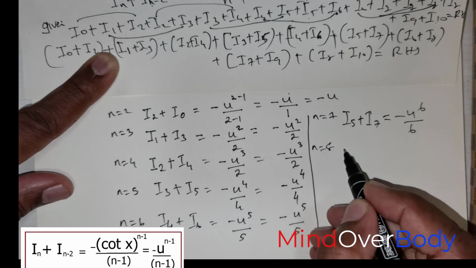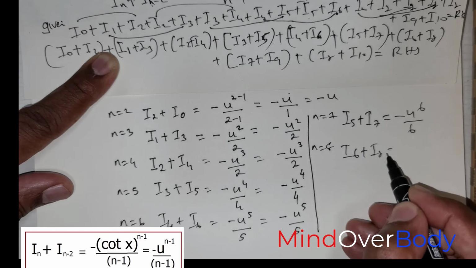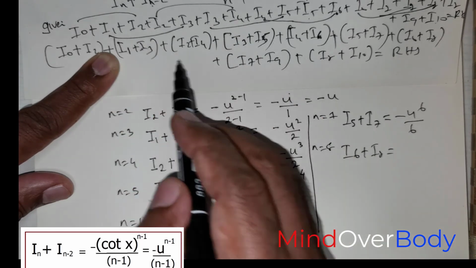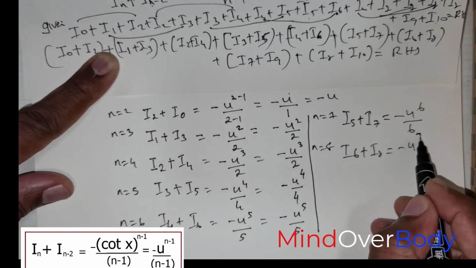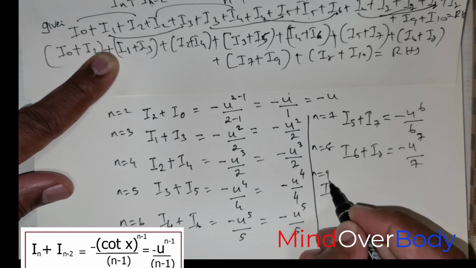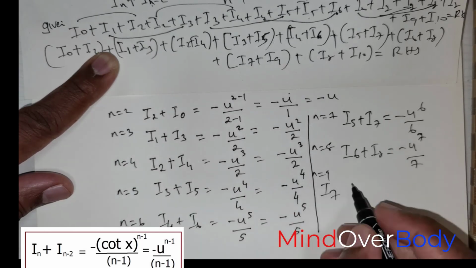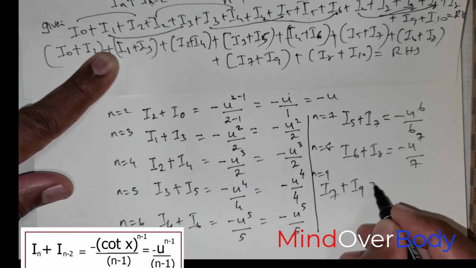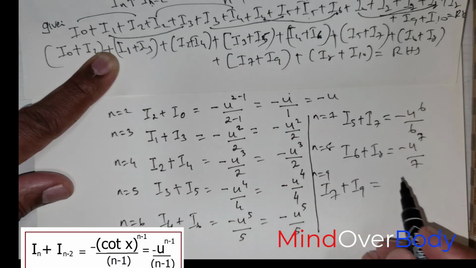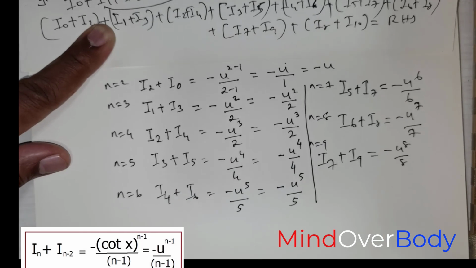N is equal to 8 would give me I6 positive I8 is equal to negative u to the 7 divided by 7, and n is equal to 9 would give me I7 positive I9, which is equal to negative u to the 8 divided by 8, right?